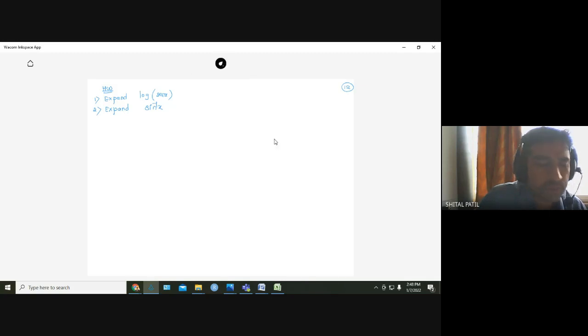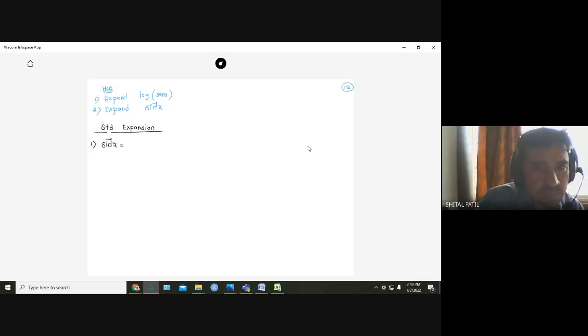Okay, next item: standard expansions. The standard expansions which are obtained using the method of derivative and integration are here. First, sine inverse x.